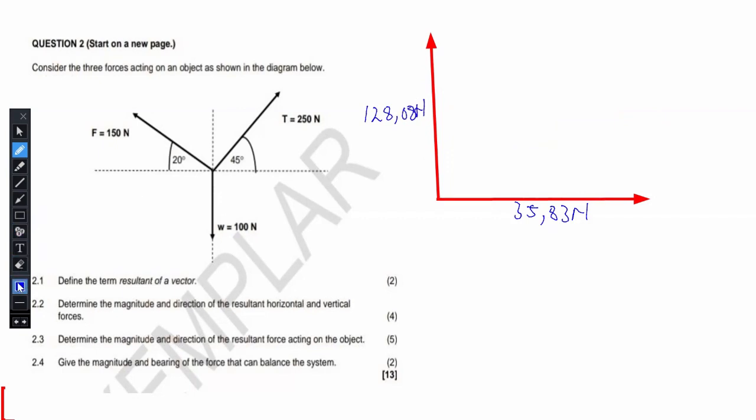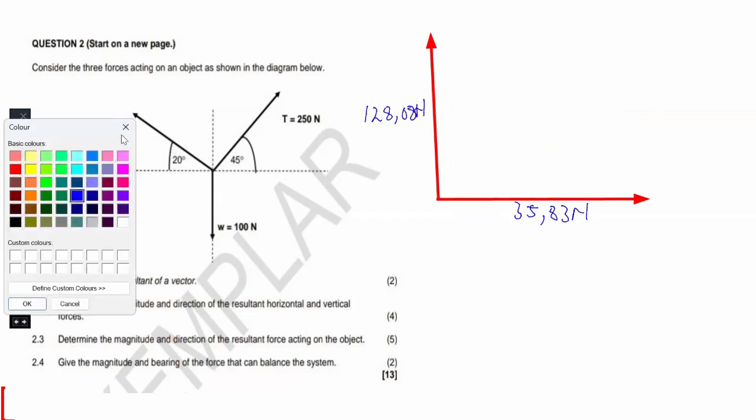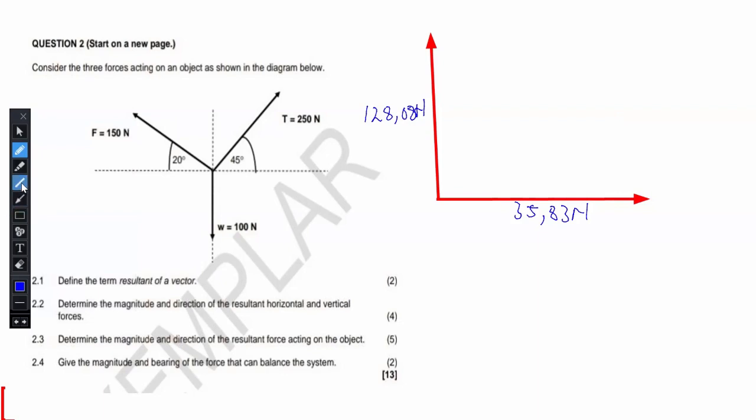Now the parallelogram method simply means that if I want my resultant, I have to just put it like this there. So this is what I will do. I will simply close in here to form a rectangle or a parallelogram. And then for my resultant, this is what I do.